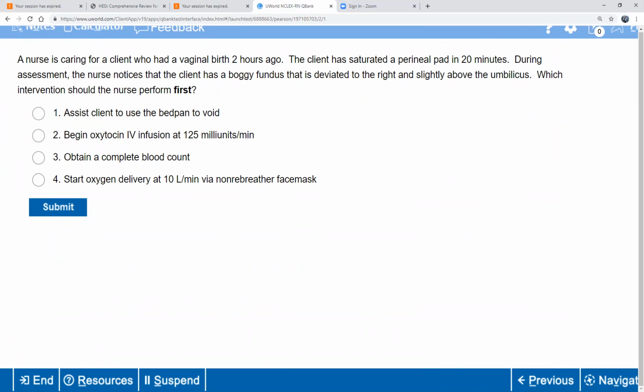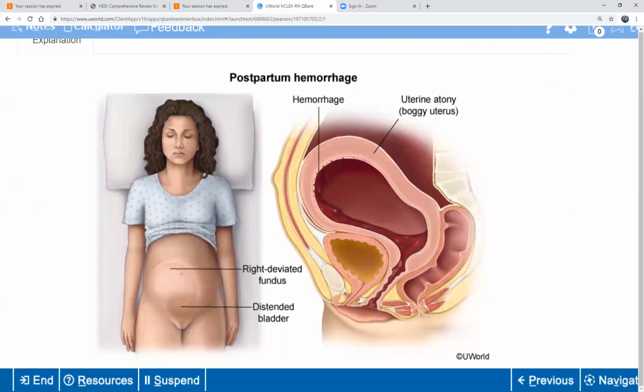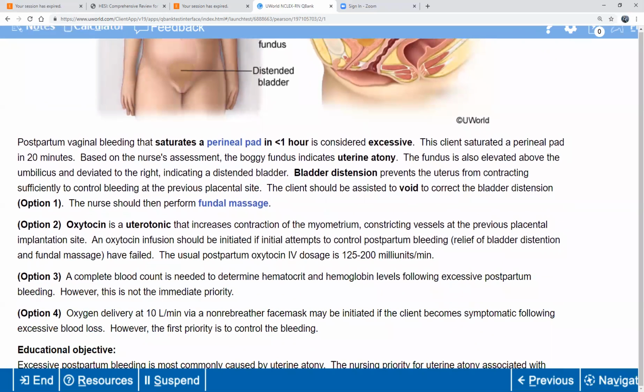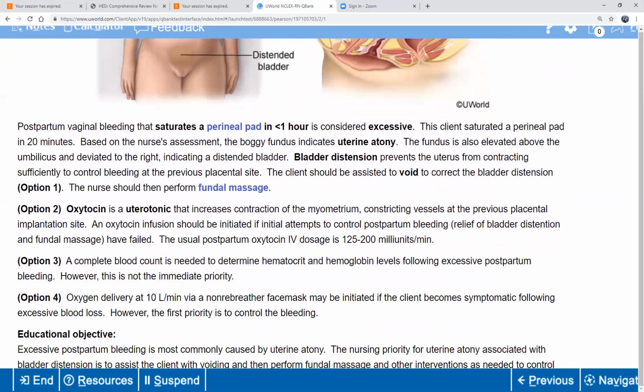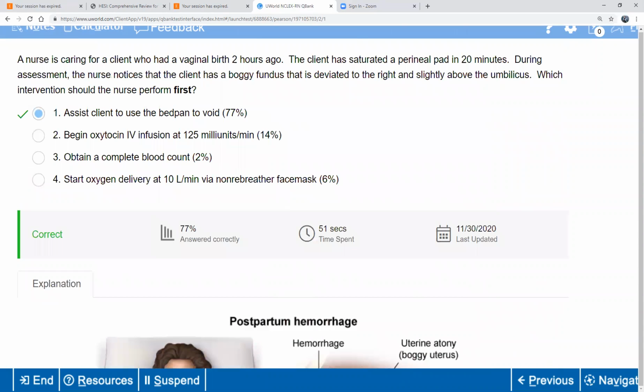So empty the bladder. So we're doing 1? You want to do this before you massage? Yeah, because there are indications: the fundus is deviated to the right.